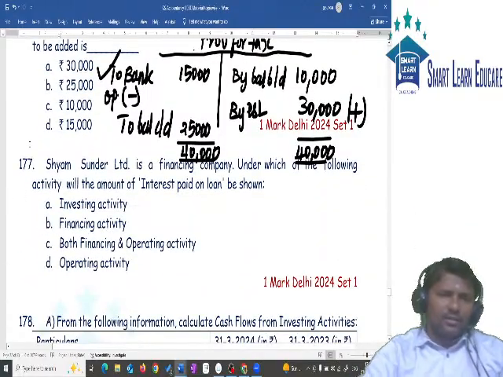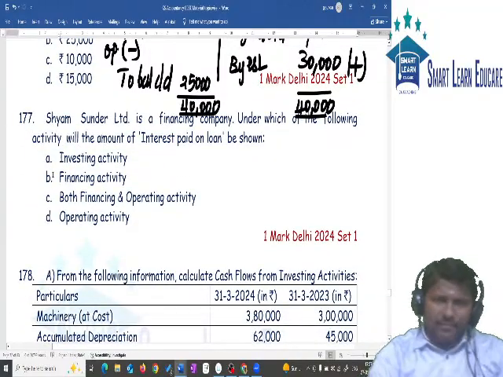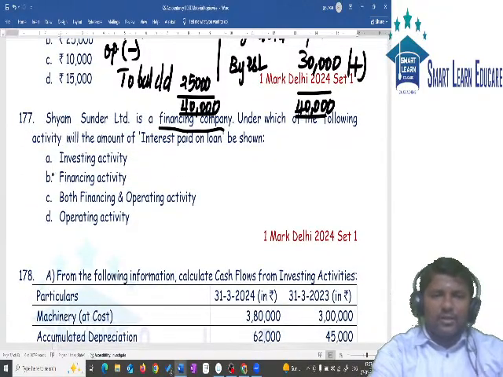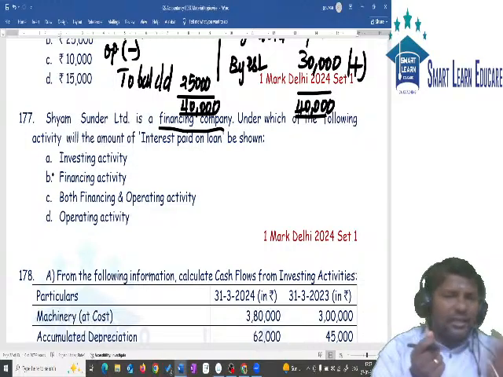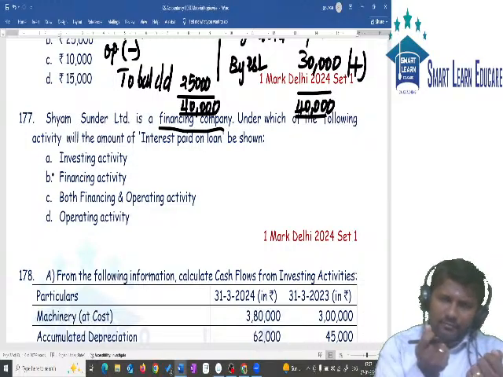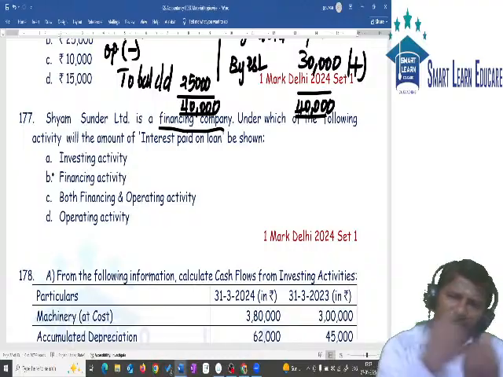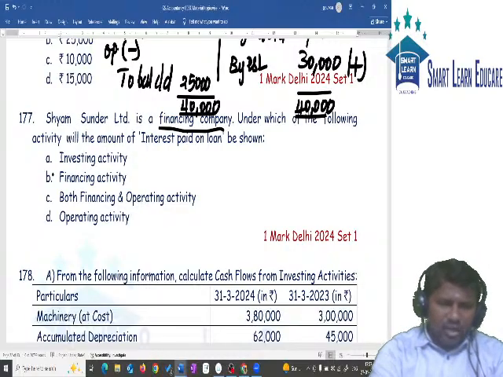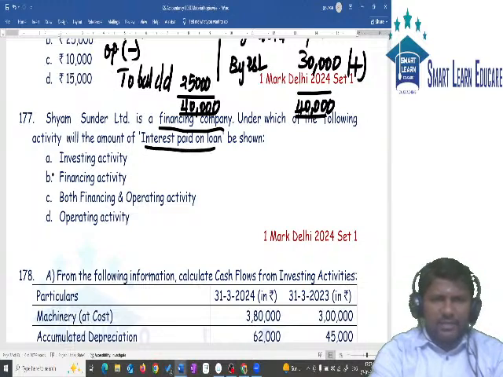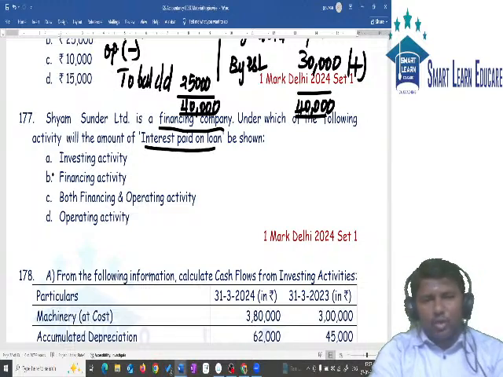Next, Shyam Sundar Limited is a financing company. It means அவங்களோட normal course of business receiving loan and paying loan தான். They will receive money and they will lend the money. That is their normal course of business. In this normal course of business, they have paid some interest on loan.